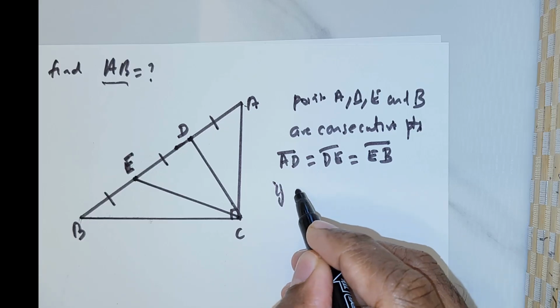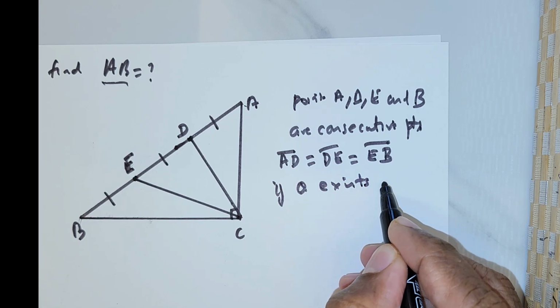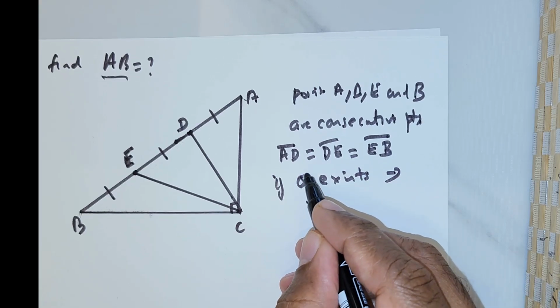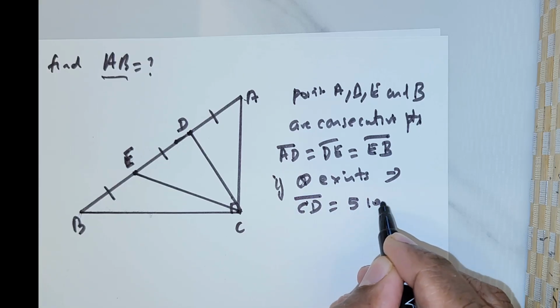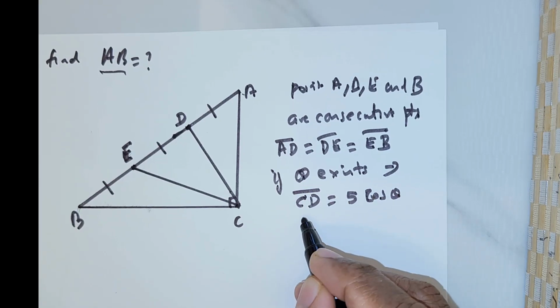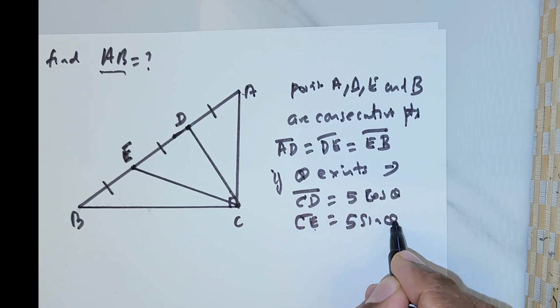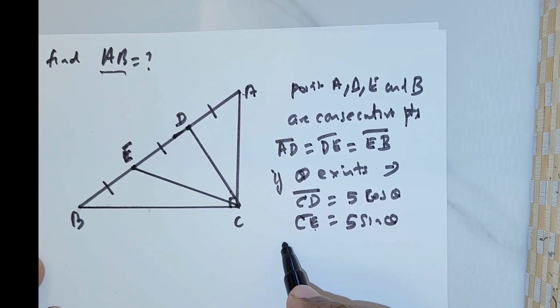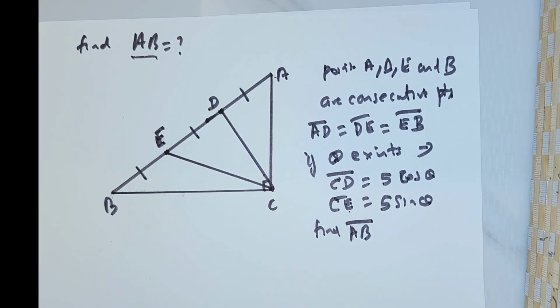Now if theta exists such that this is theta, such that CD is 5 cos theta and CE is 5 sine theta, we have to find AB. Okay, so let us do that.